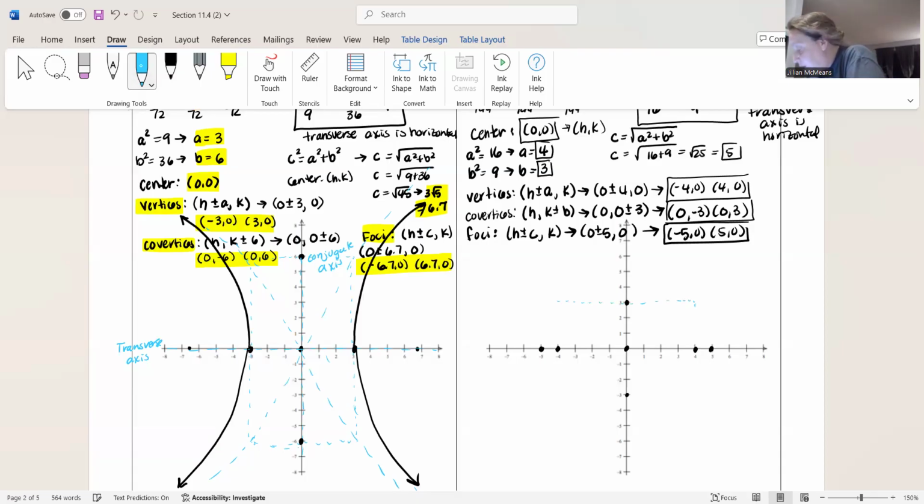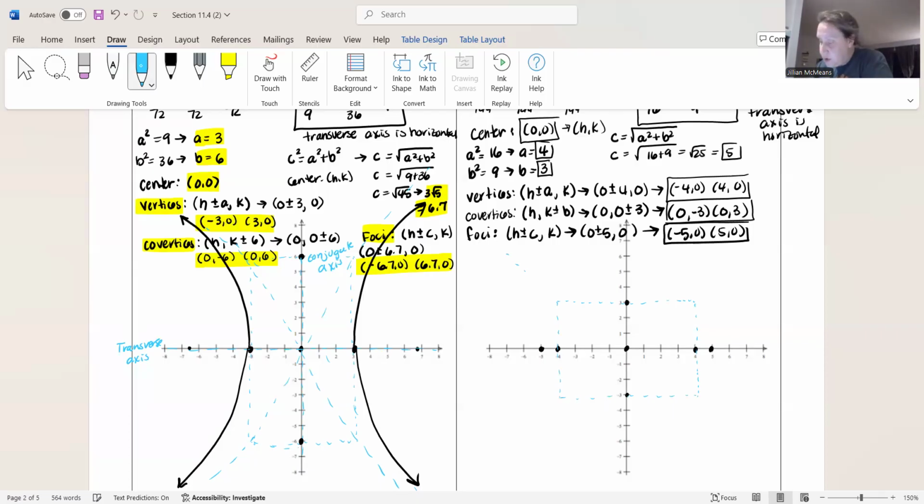This doesn't have to be perfect necessarily. I'm not looking for actual perfection because in a minute I'll show you how to find the technical asymptotes, but this does help us sketch where the asymptotes are to help us draw our curves a little better. So the asymptotes go through the center and then they go through the corners of this.